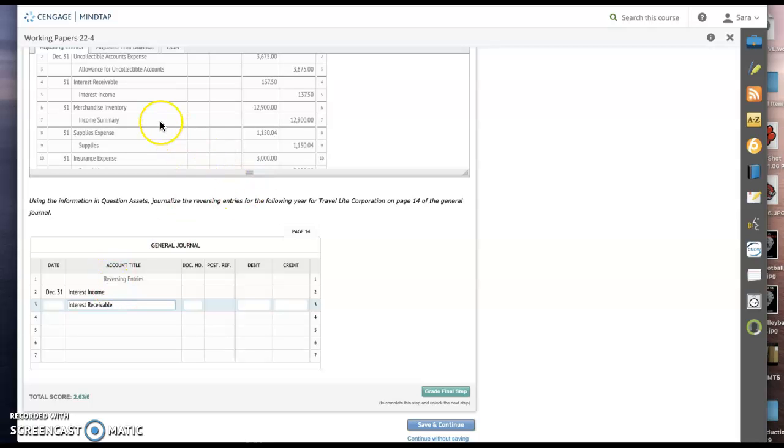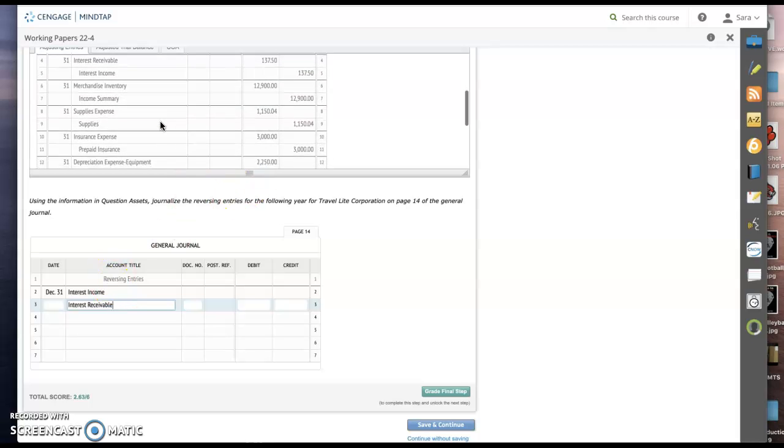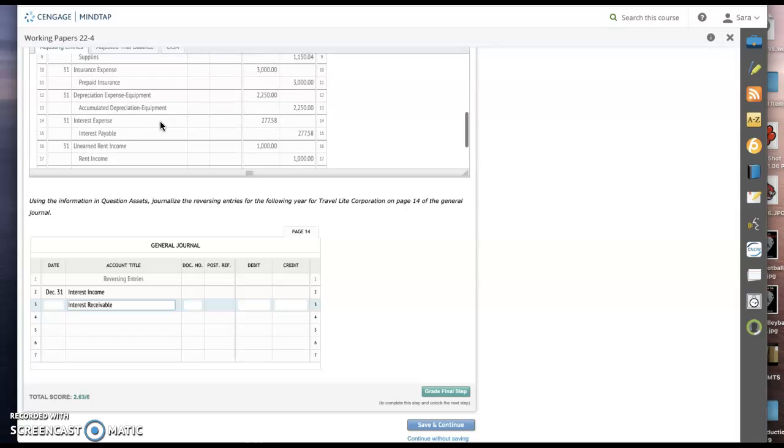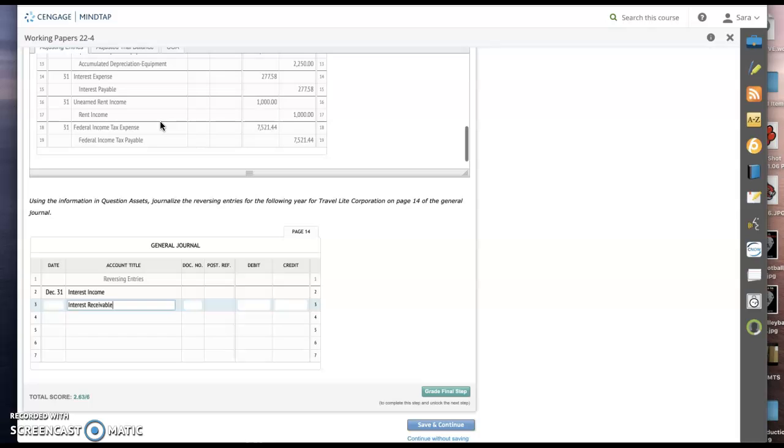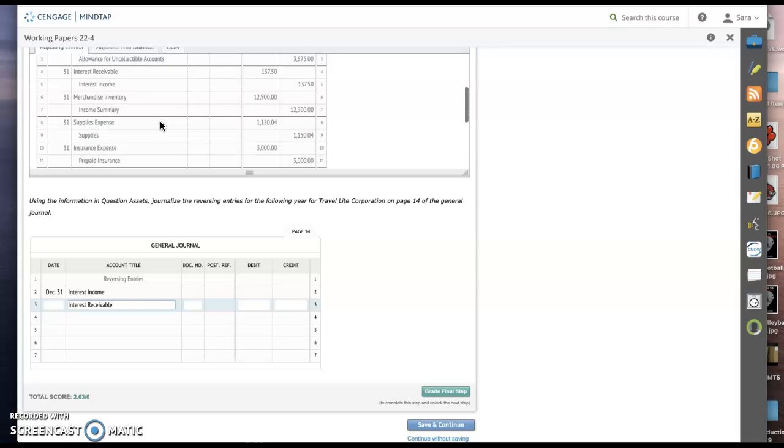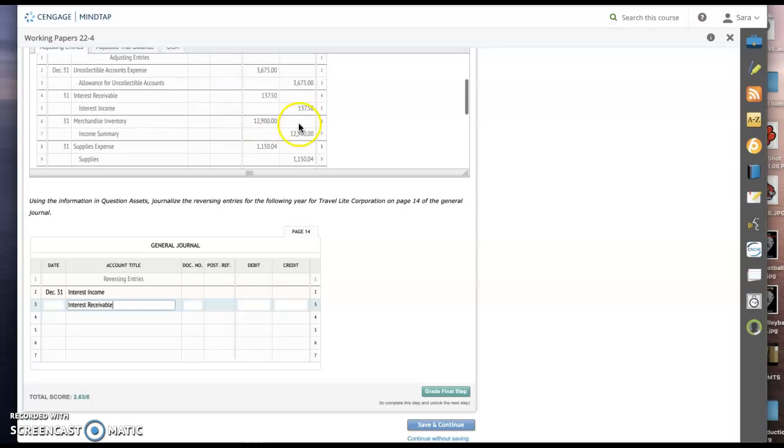And so then we're just looking up here at our adjusting entries. Right here, so 137.50.